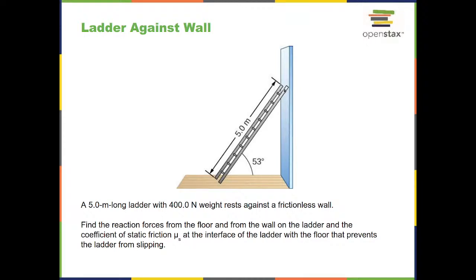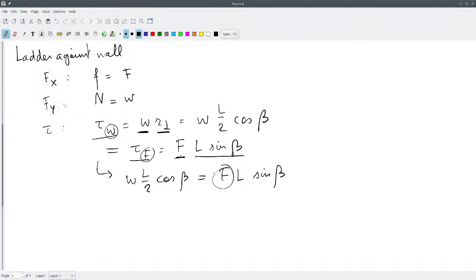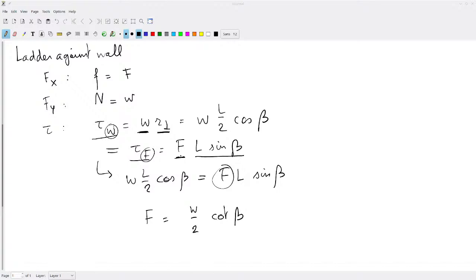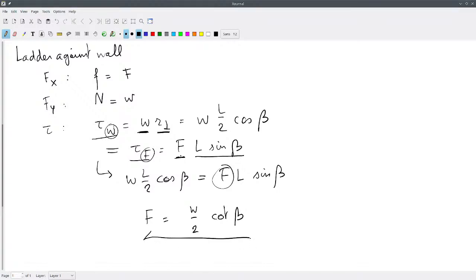So the normal force due to the wall, that's our F. So if we solve for F, we'll find that F is W over 2, and then cosine over sine, that's the cotangent of beta. So that's the normal force. So that's going to be also the force of friction due to our first condition here.